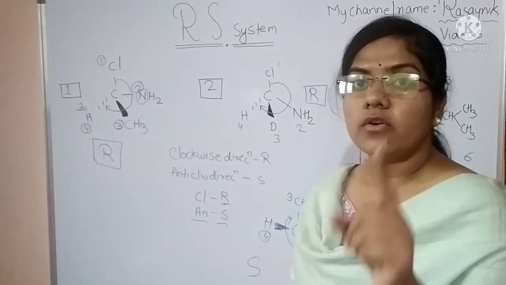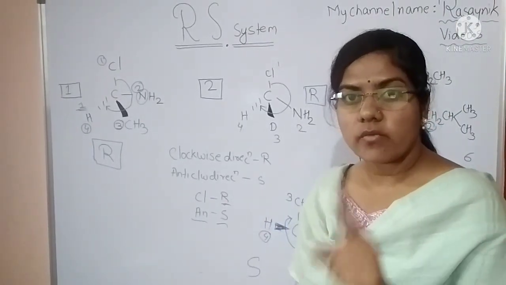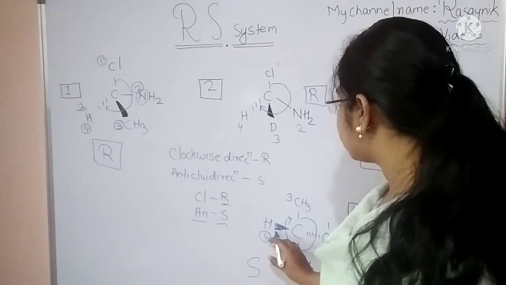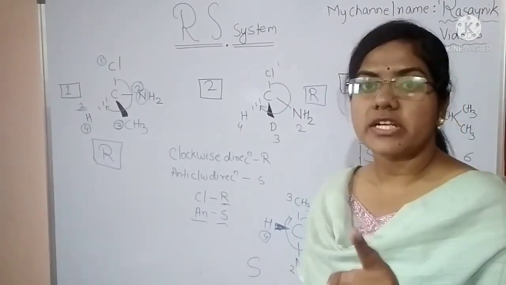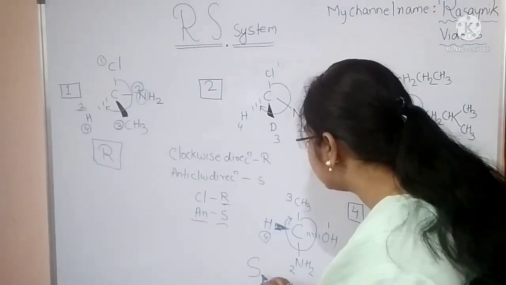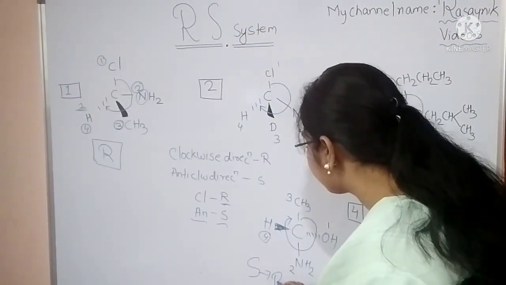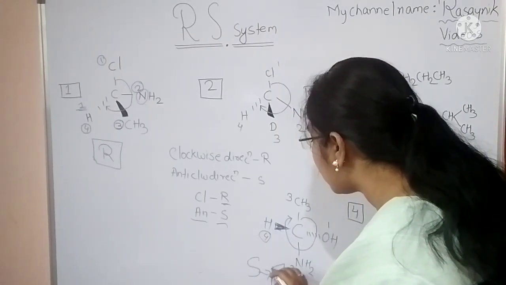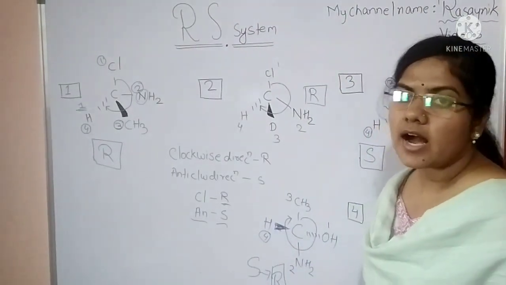Hydrogen has the lowest atomic number and is on the above side, so the rotation changes. So S will become R. So the final answer is R.